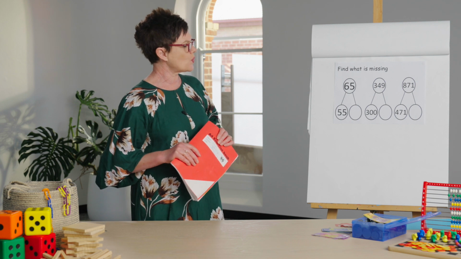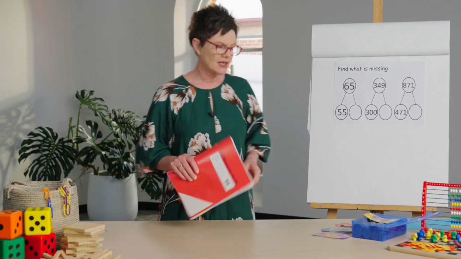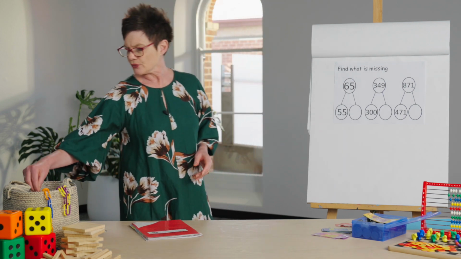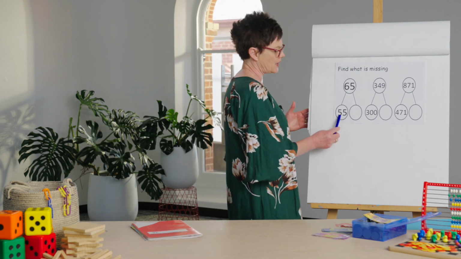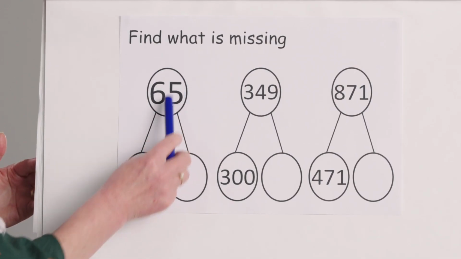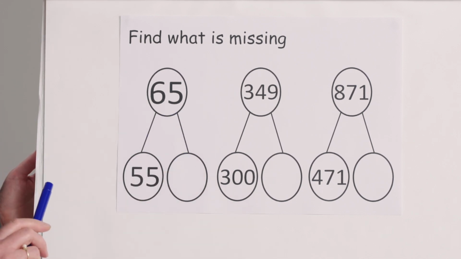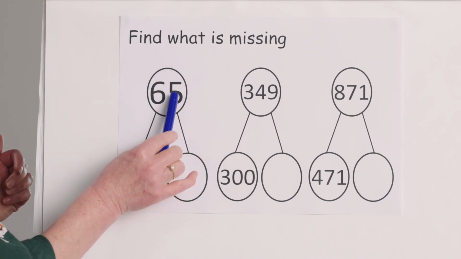Okay, so what is missing in our number warm-up today? Let's have a quick look. So what we have here is some part, whole. Remember? So we have a whole number and these are its parts. And of course we have some missing parts, which is wonderful when you are a powerful mathematician. So 65 is the whole.